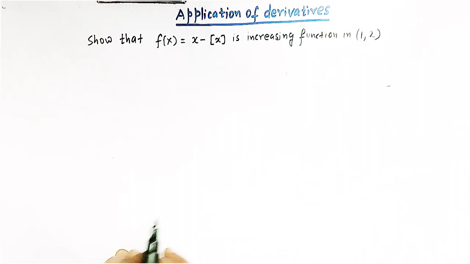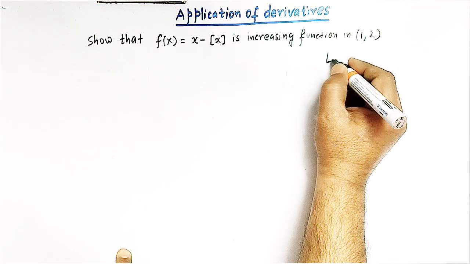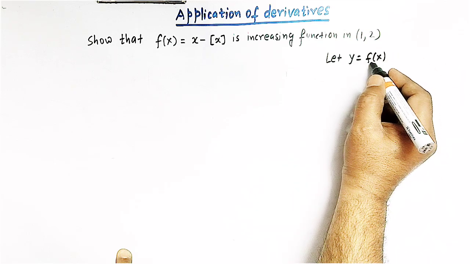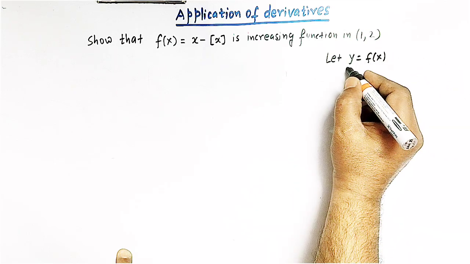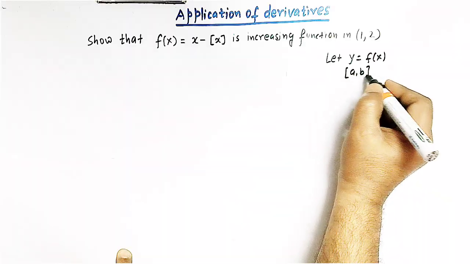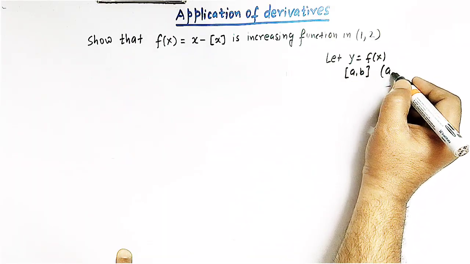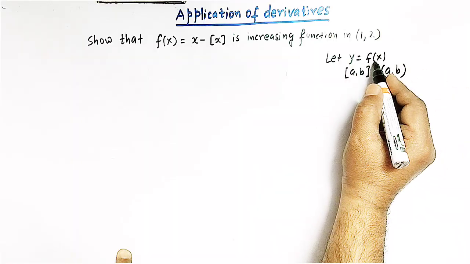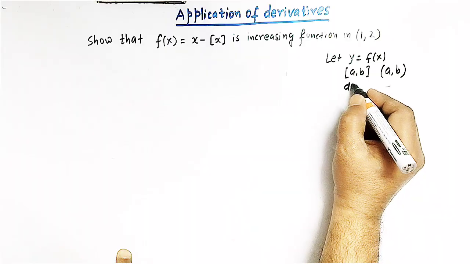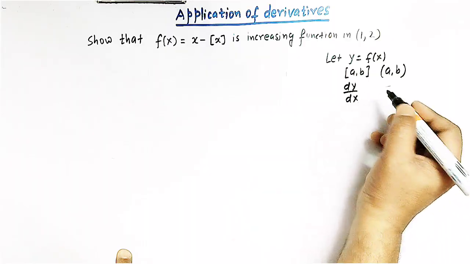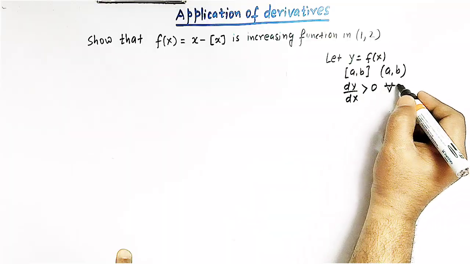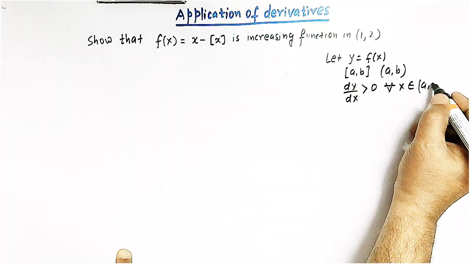So now let us first take the definition of an increasing function in terms of derivatives. Suppose we have a function, say y is equal to f of x, and if this function f of x is continuous in the interval a comma b, and it is derivable in the open interval a comma b, then this function is said to be an increasing function if the derivative, that is dy over dx, is positive, that is greater than 0 for all x belonging to a comma b.